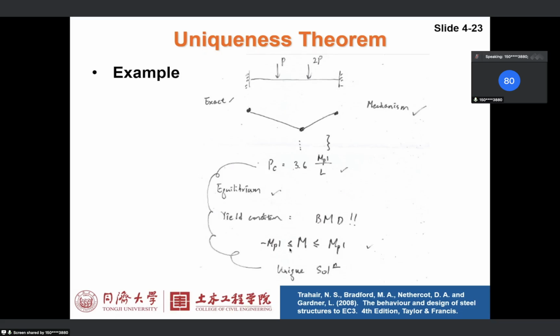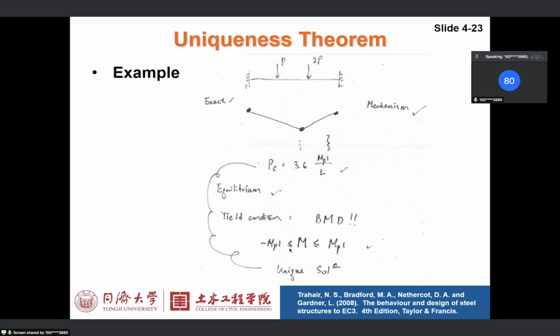However, if you choose the incorrect location of plastic hinges, and you get PC based on kinematic analysis, and then you try to draw the bending moment diagram, you will find that the yield condition is violated, and your result will be an upper bound result of PC. And then what you can do is scale everything down until the yield condition is satisfied, and then you will get a lower bound solution. The lower bound solution is the upper bound solution divided by the necessary scaling factor.